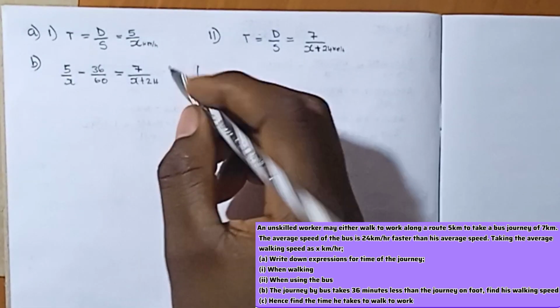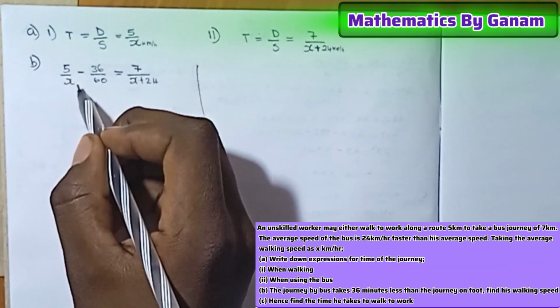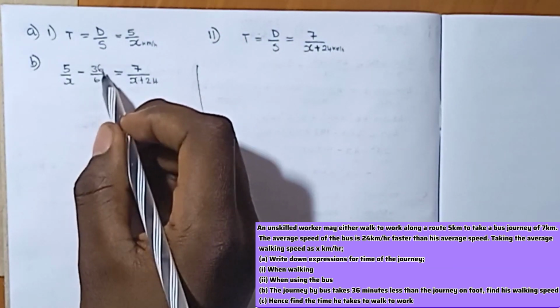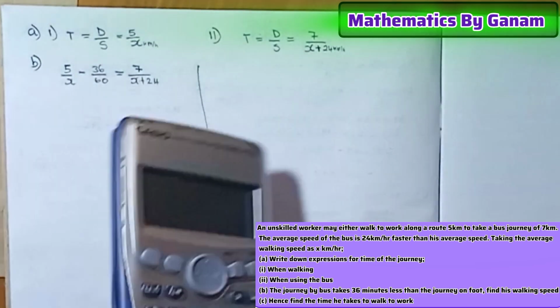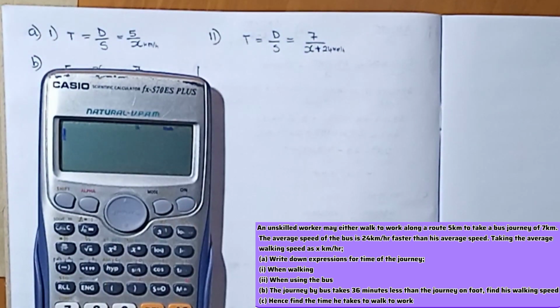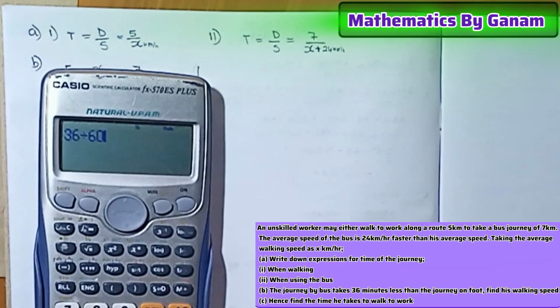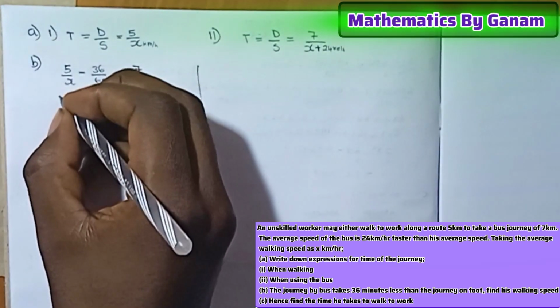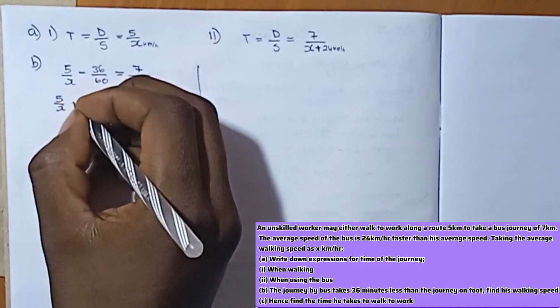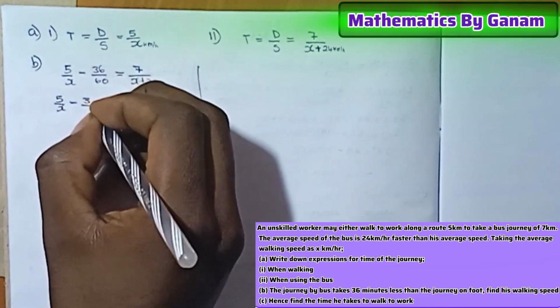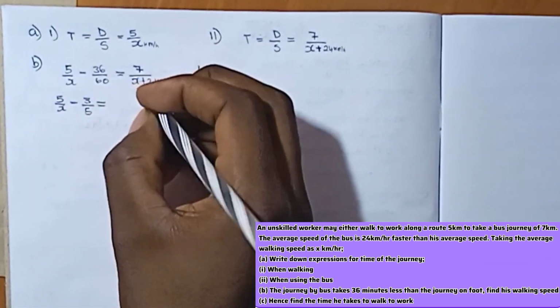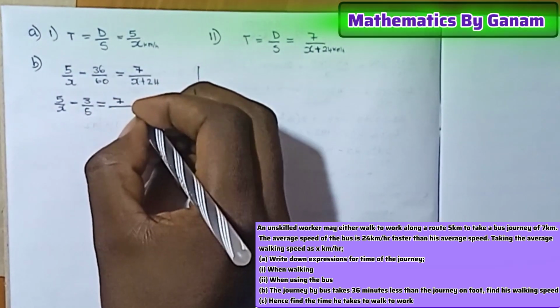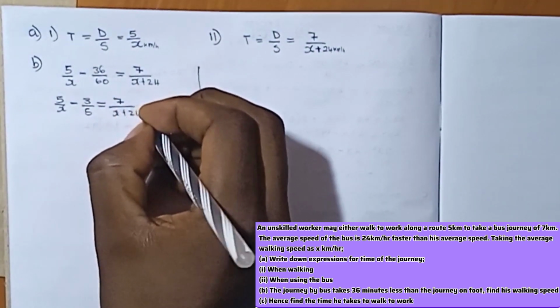So this is the expression. 36 all over 60 is the same as 3 all over 5. So we have 5 all over x minus 3 all over 5 is the same as 7 all over x plus 24.